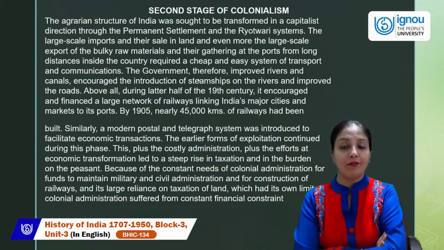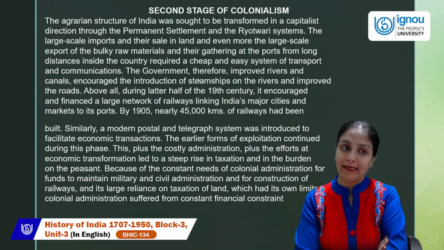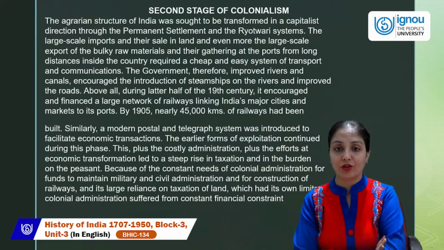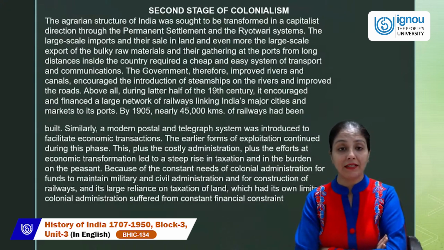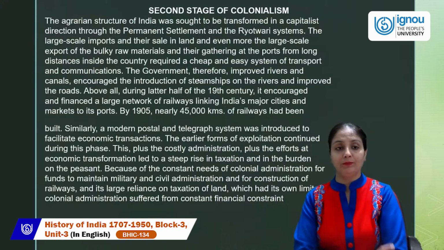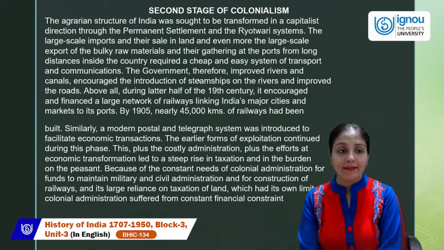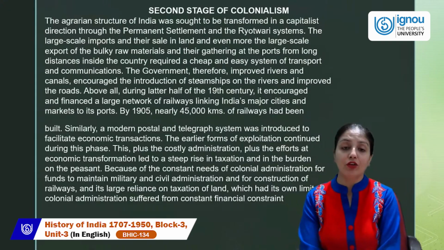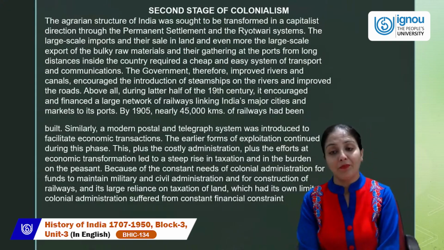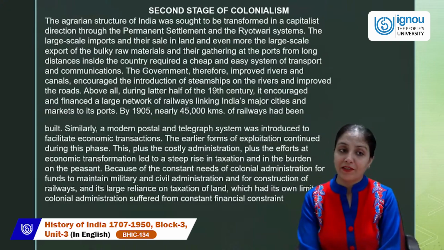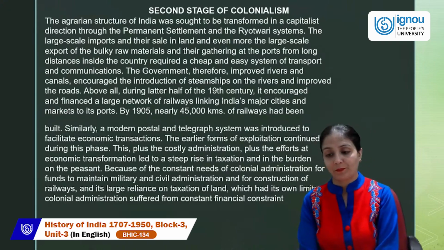The government therefore improved rivers and canals, encouraged the introduction of steamships on the rivers, and improved the roads. Above all, during the later half of the 19th century, it encouraged and financed a large network of railways linking India's major cities and major markets to its ports.